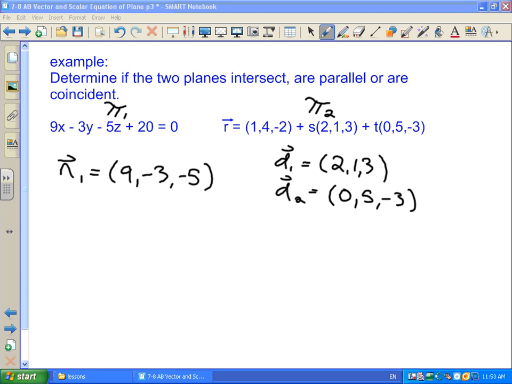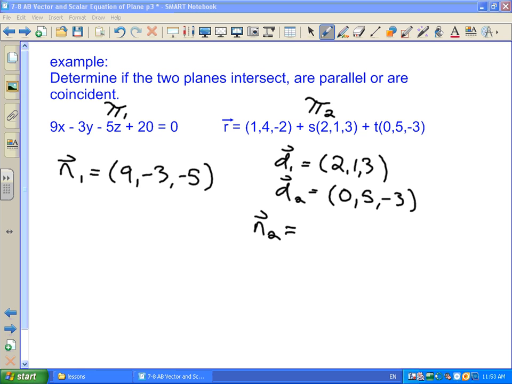There are 2 ways we can go from here. One way is we can figure out what the normal is for plane 2. And we can get that normal by doing the cross product of our 2 direction vectors.